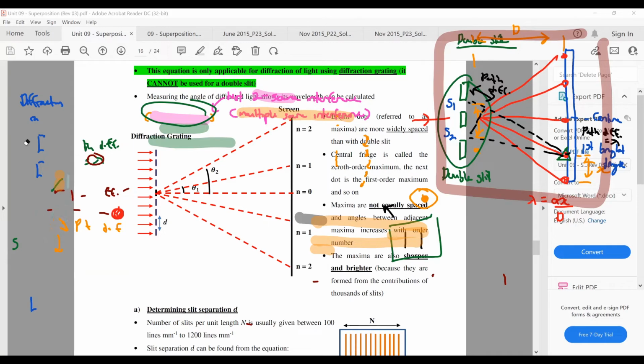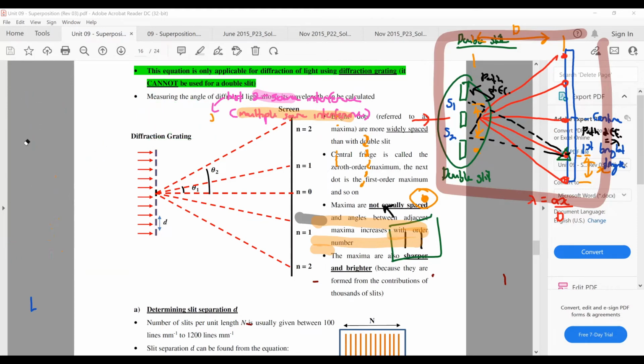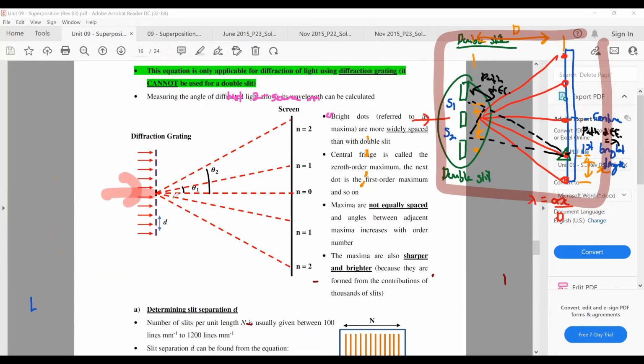So basically what you do is you erase a lot of this unnecessary stuff. What you do is you shine a light onto your diffraction grating like this. The beam of light will spread. These red lines here represent your regions of constructive interference. After that, you place a screen right behind the diffraction grating.